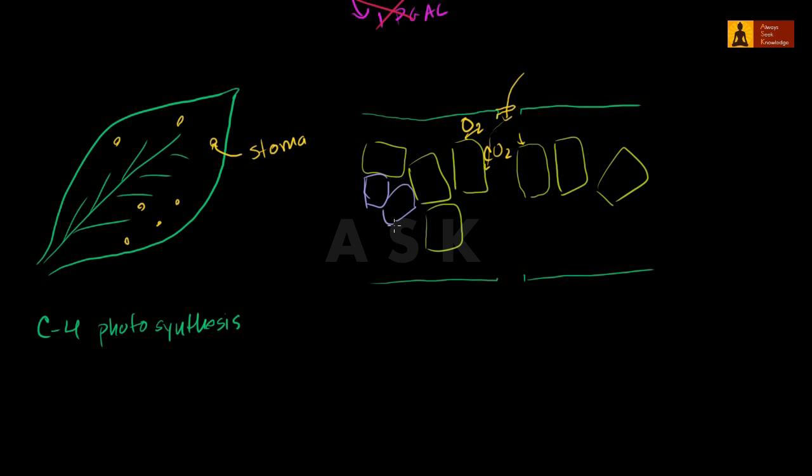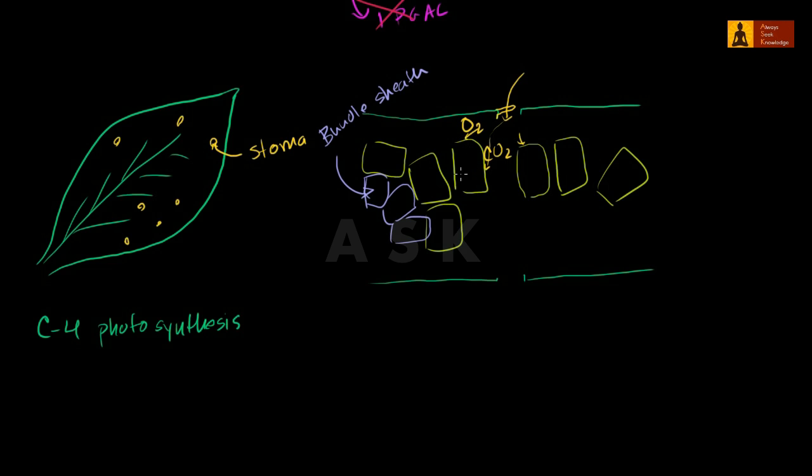So you have these other cells that are more embedded. They don't have direct access to the air. So these are bundle sheath cells. And what these plants do is the carbon dioxide comes in. In the standard Calvin cycle, everything happens in the mesophyll cells, and you have to deal with photorespiration.